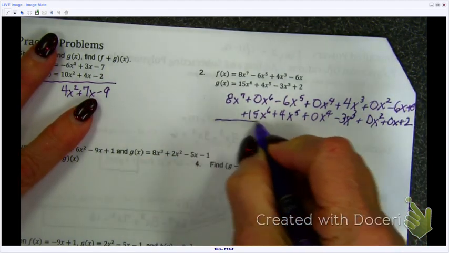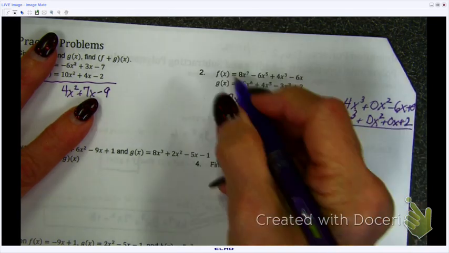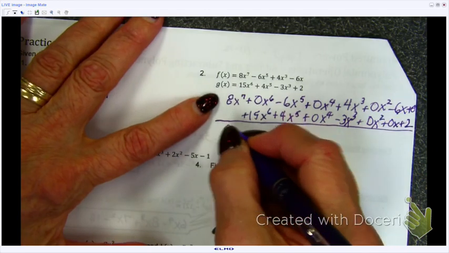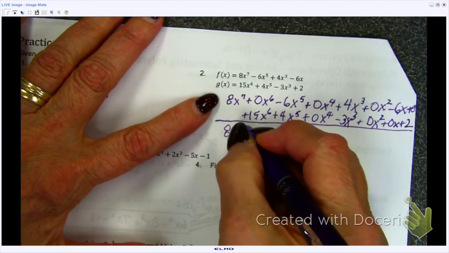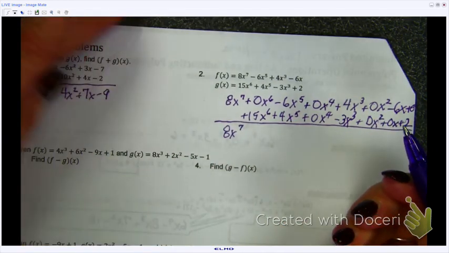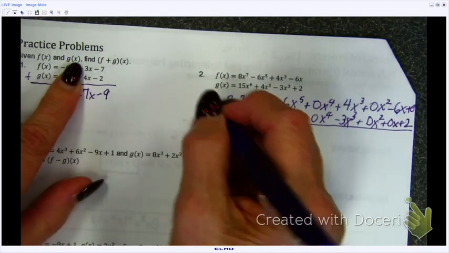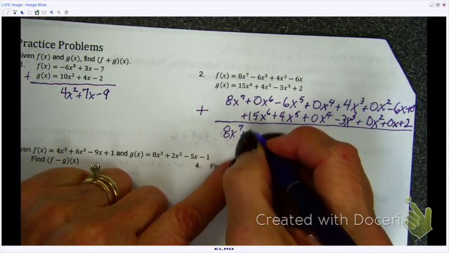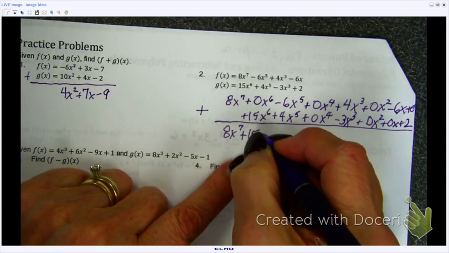So then it's vertical, now it's in order, you just combine like terms. So 8x to the 7th, because they told us in our directions we're adding. And then that 0 plus the 15, so plus 15x to the 6th.